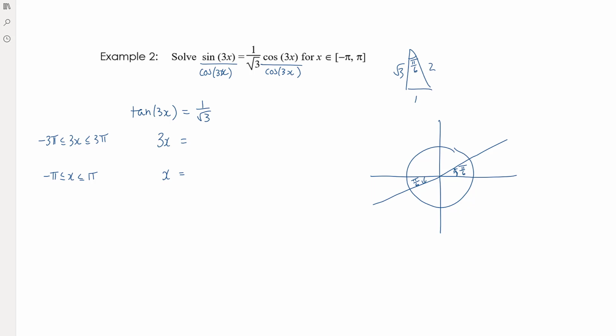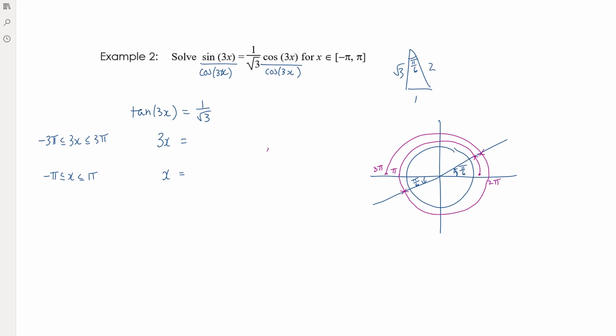Again, I find it easier to do the positives and negatives separately, personally. So let's start at 0, let's go around to pi, let's go around to 2 pi, and again around to 3 pi to get our 3 positive solutions, 1, 2, and 3. So I'll leave room for my negative ones.